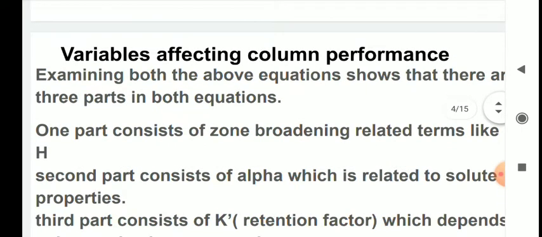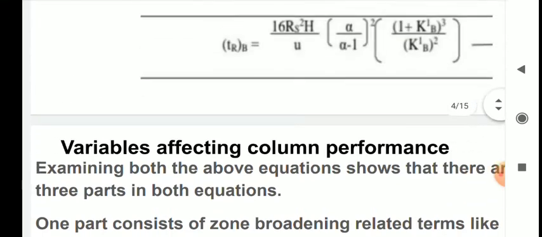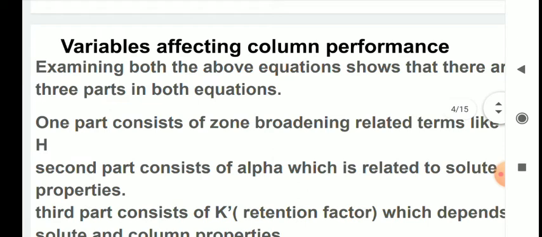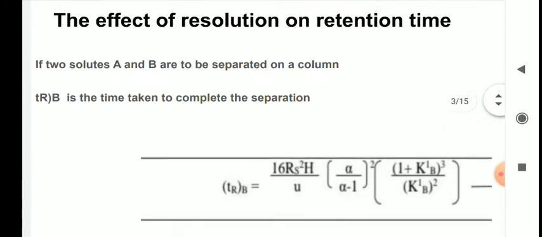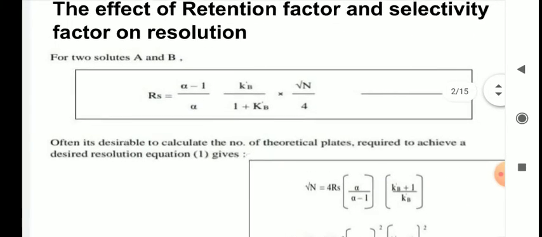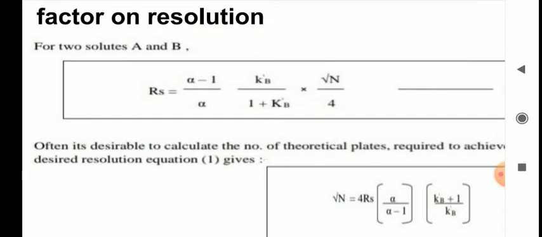If you look at both the equations, of resolution as well as the TRB, you will find that there are three parts in both the equations. Let us go back and see that. In the first equation, you will find that the Rs is made of three parts.